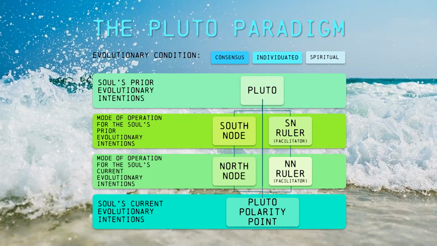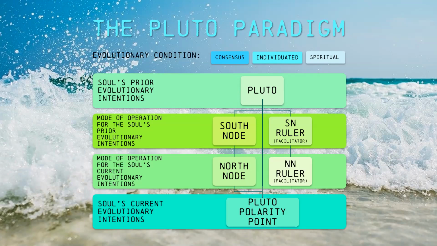From there, we move to Pluto's polarity point. And when you look at Pluto's polarity point, it symbolizes the current evolutionary intentions for the life. The polarity point doesn't have a specific symbol on the birth chart, but it's the opposite house and sign of natal Pluto.